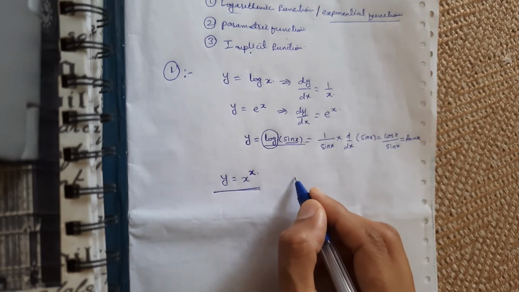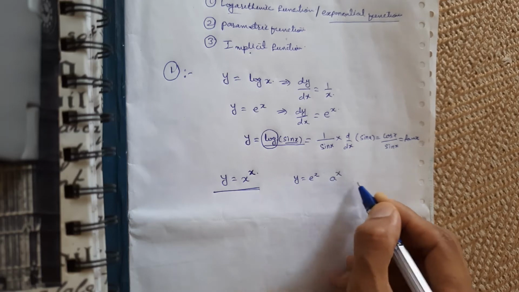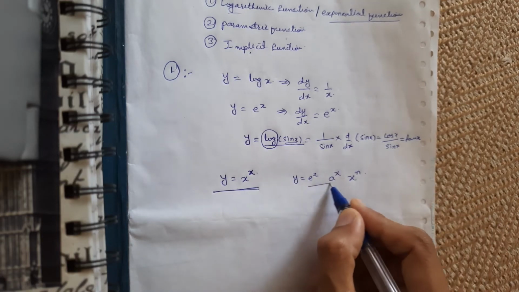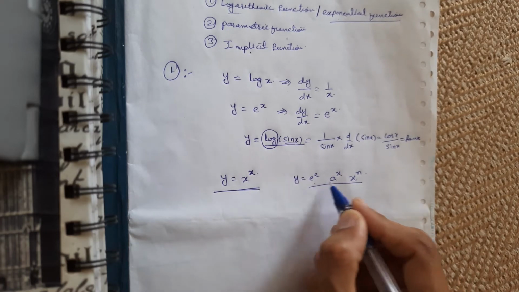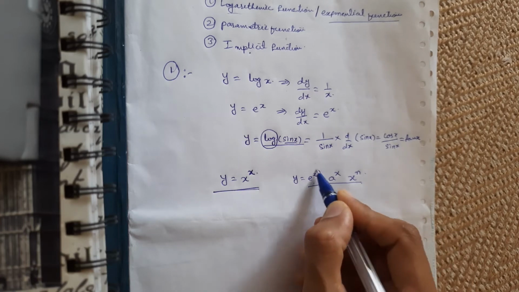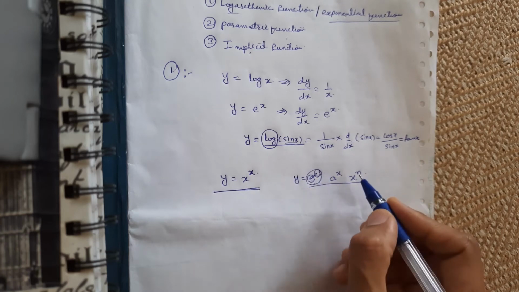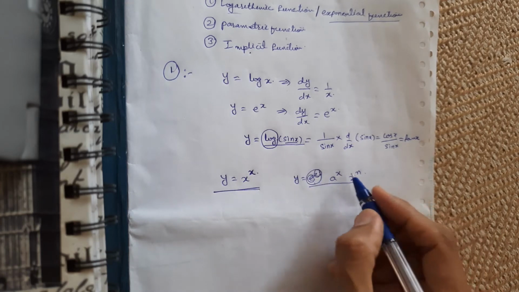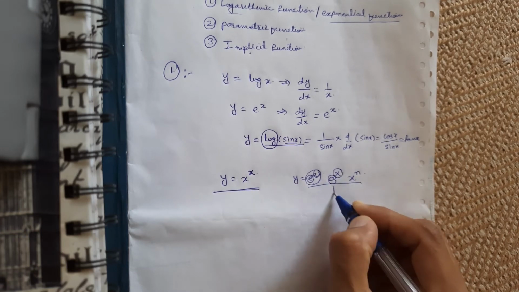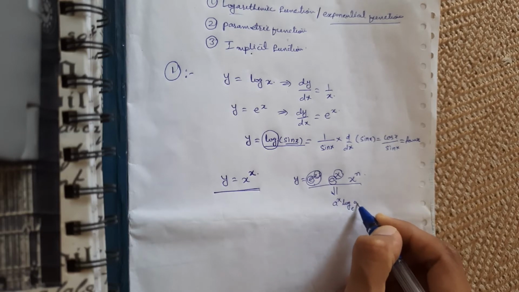Now I know the derivative of e to the power x or a to the power x, or the derivative of x to the power n. In all these cases, one term is constant, either the index or the base. In the case of a to the power x, the base is constant and the power is variable, so its derivative is easily written as a to the power x into log to the base e of a.